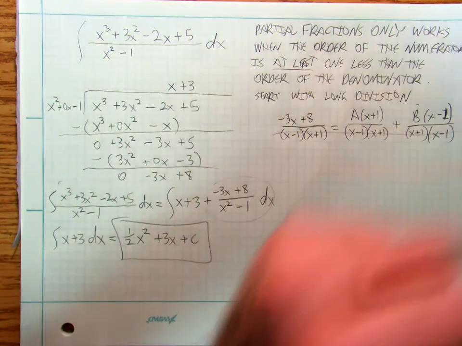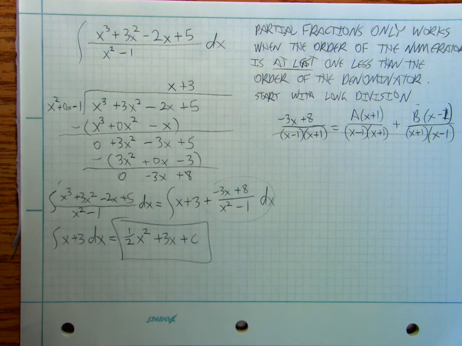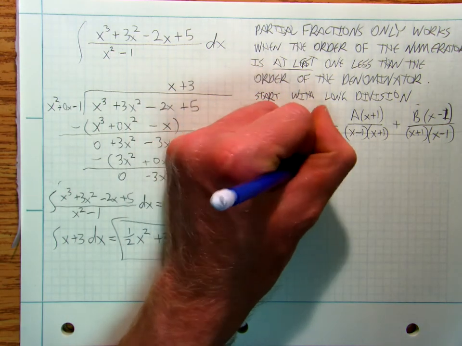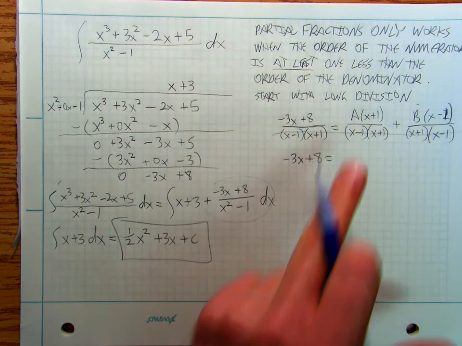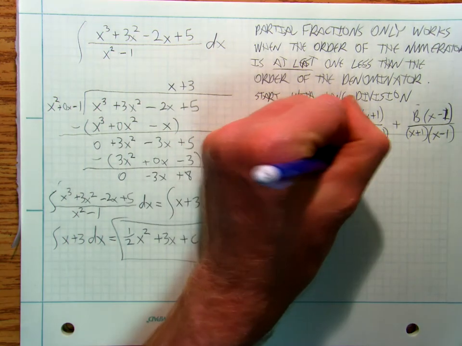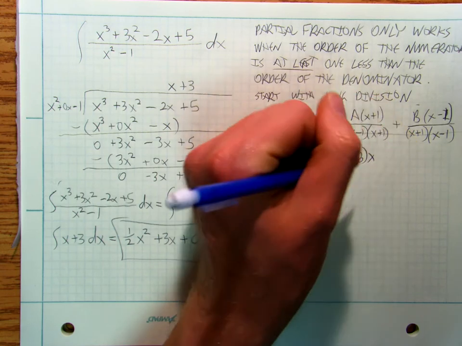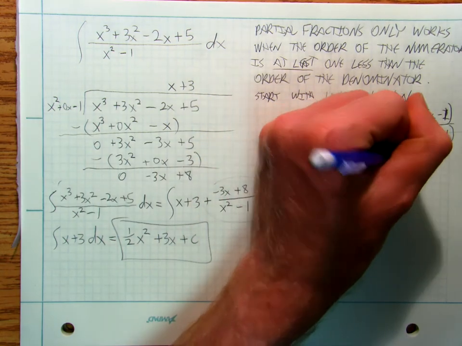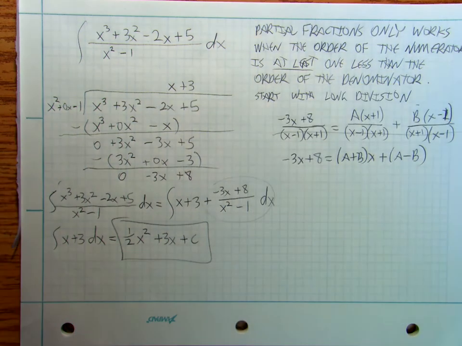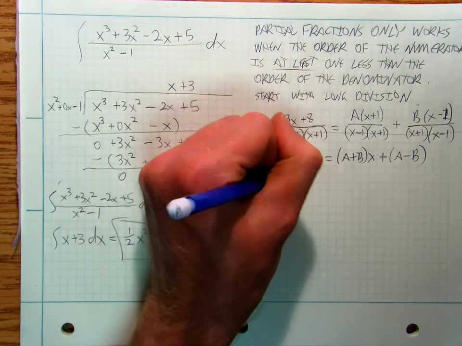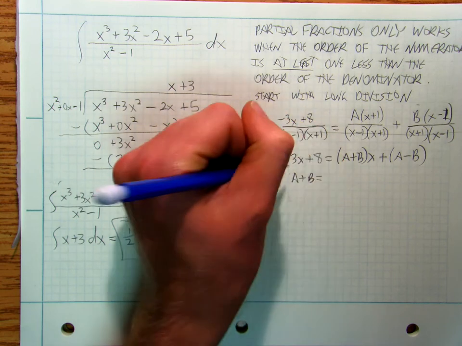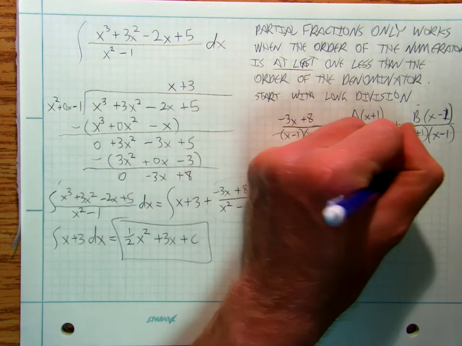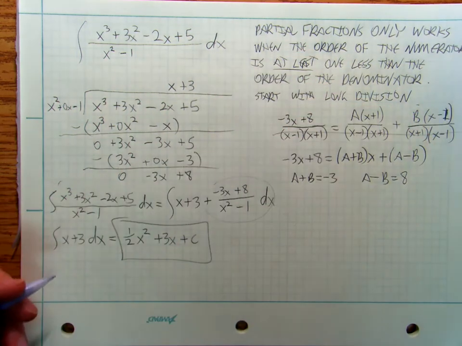My denominators go away. And I've got negative 3x plus 8 is equal to, watch this, (A plus B)x plus A minus B.